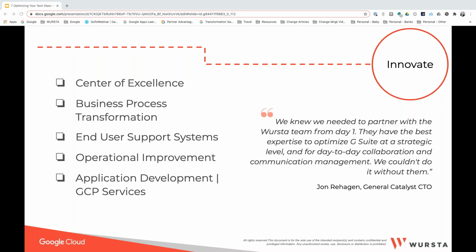This is a program that's a flexible service to be used for technology initiatives such as increasing G Suite adoption and driving innovation, improving operational effectiveness, and really unlocking the full value of an investment in G Suite and other cloud technologies.